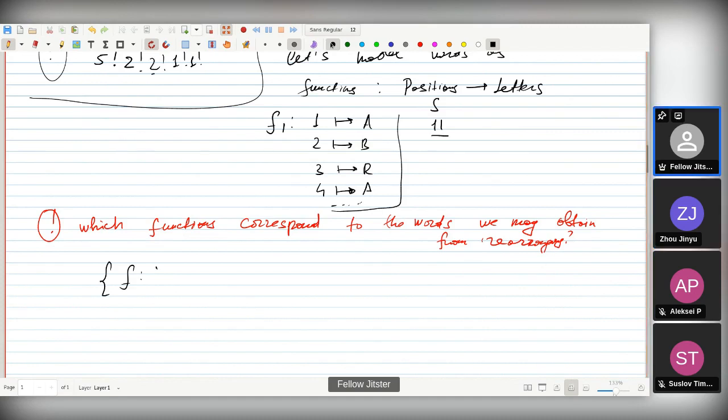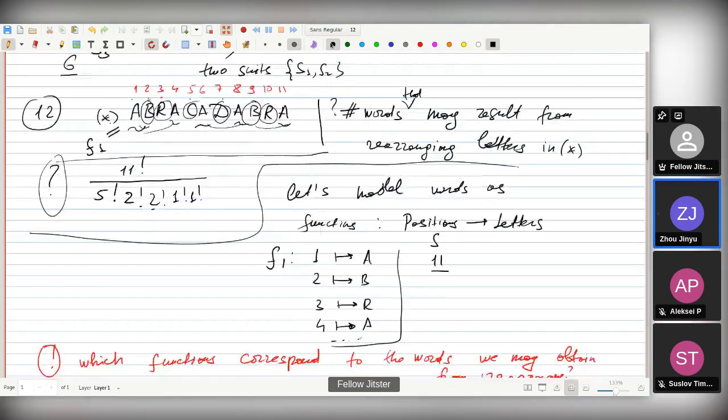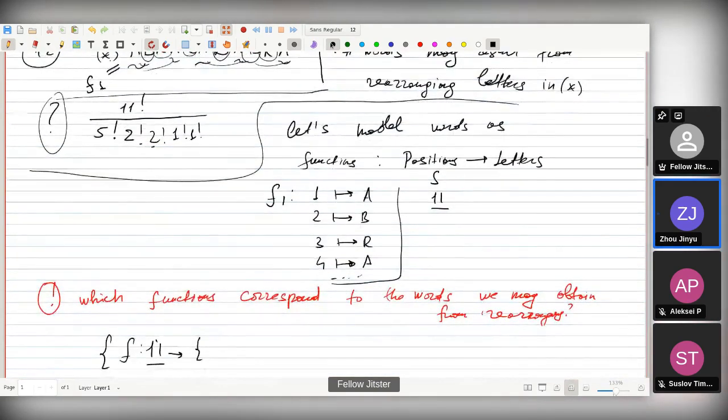Let us consider all the functions from 11 positions to our letters. Which letters do we have, by the way, in this word? A, B, C, D, R. Does everybody agree?